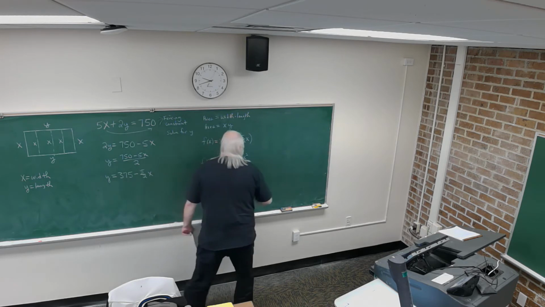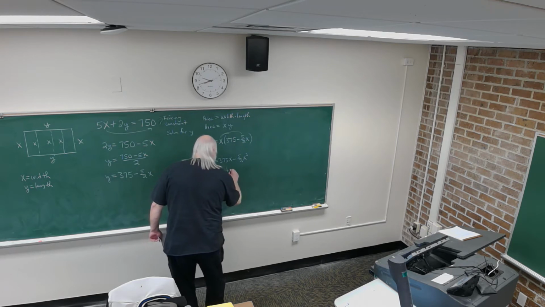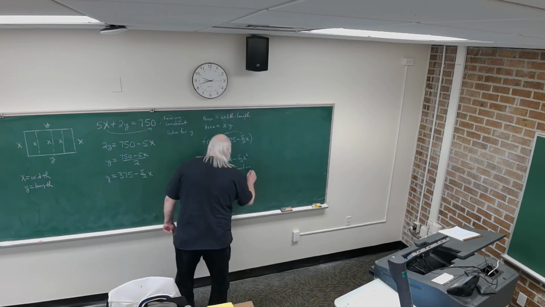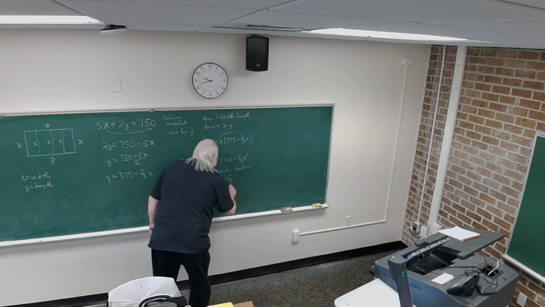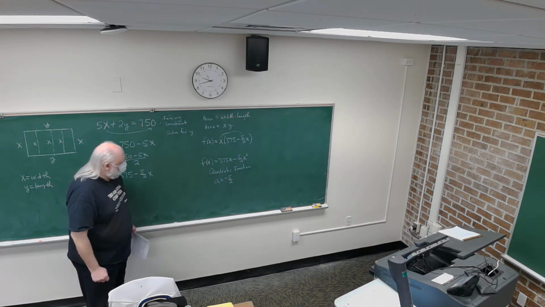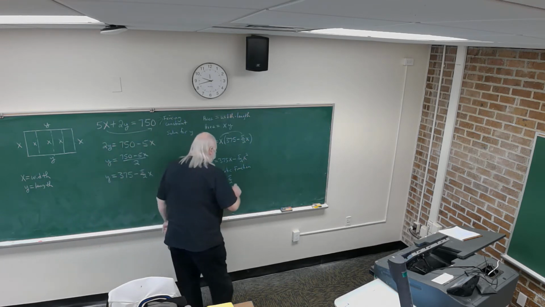Okay. So let's make a note. This is a quadratic function. The coefficient a in front of the x squared is minus 5 halves. The coefficient in front of the x, b, is 375.